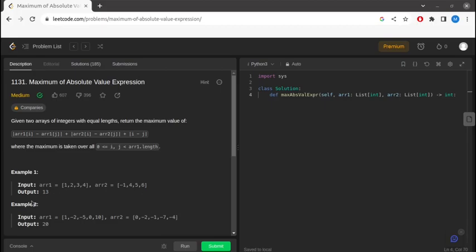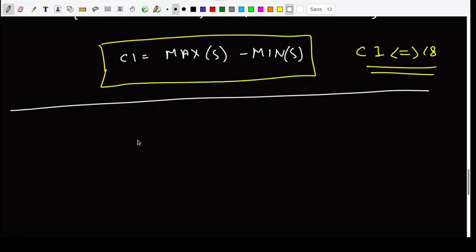Let me switch to my journals. Now we have set A as 1, 2, 3, and 4, and array B is equal to -1, 4, 5, and 6.